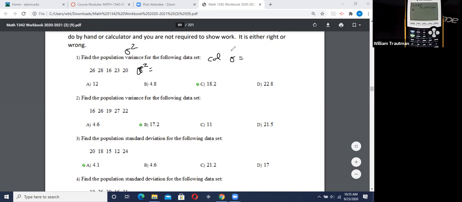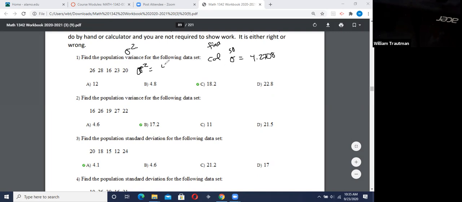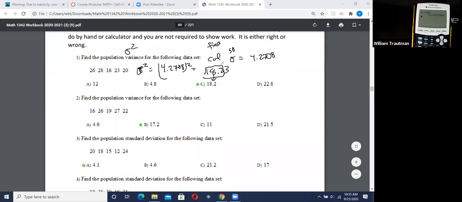We have to find the standard deviation, 4.2708, and square it, and I get 18.23, which rounded to one decimal place is 18.2. Okay, so standard deviation is on the calculator. Variance, you have to square that number on the calculator to find your variance.